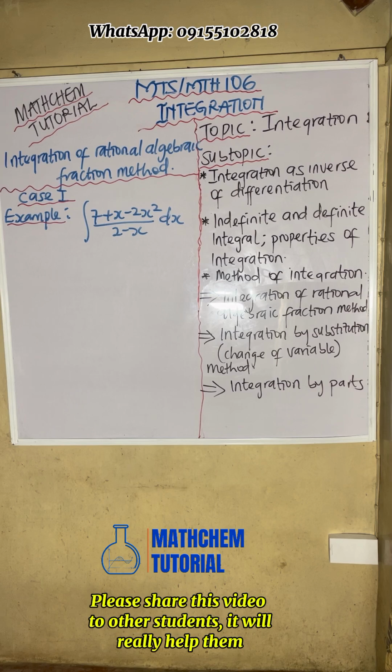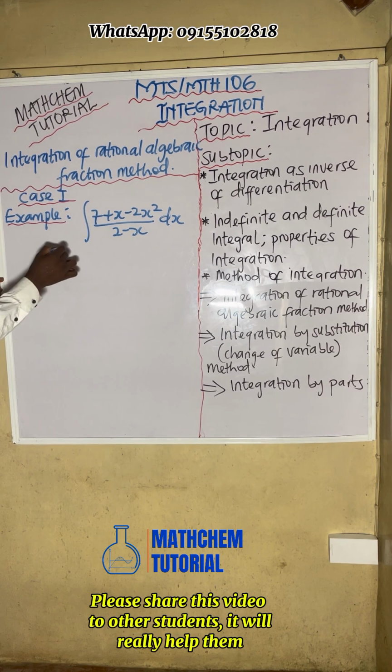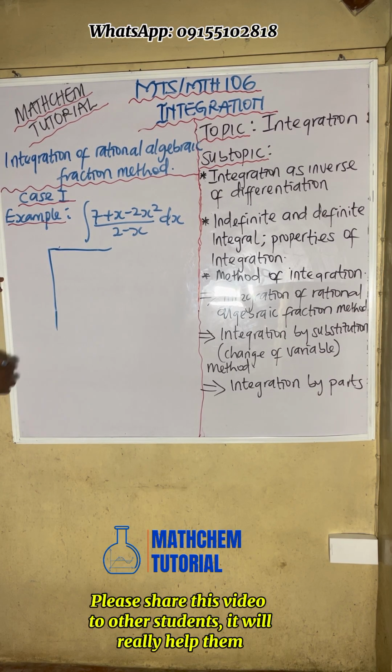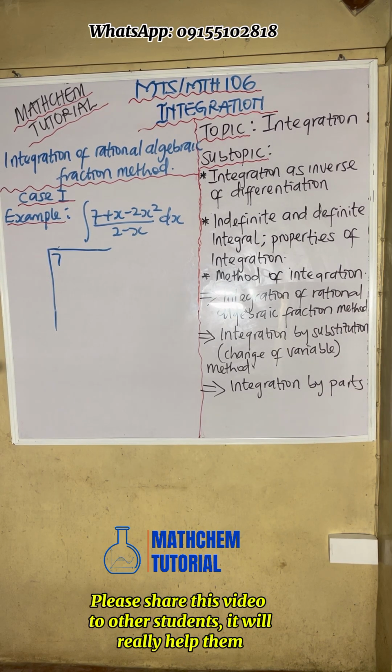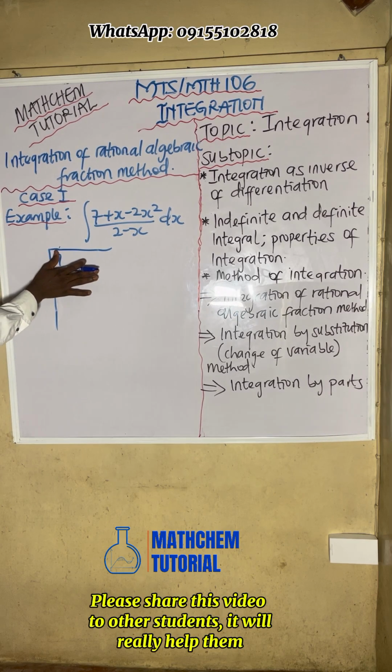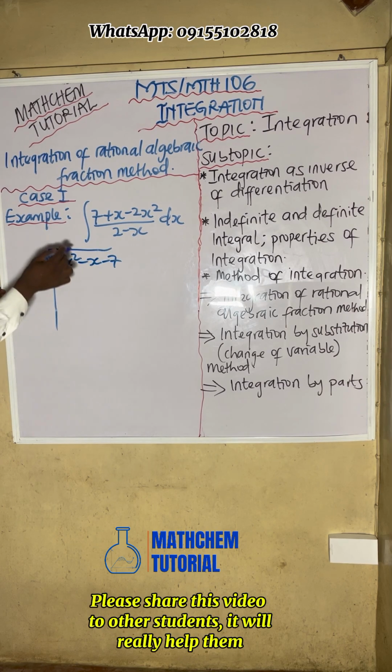Probably the best way to divide is to use the long division method. Instead of writing 7 first, I would advise you to change this question by starting with 2x squared minus x minus 7, and then x minus 2.